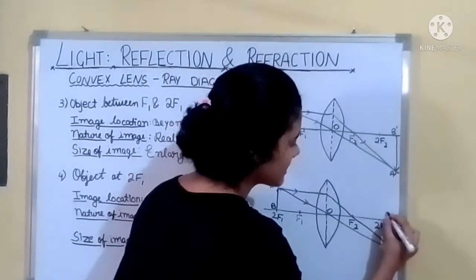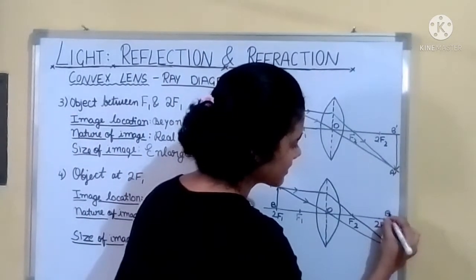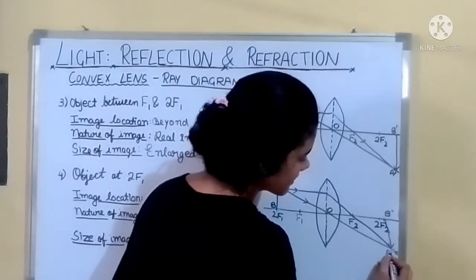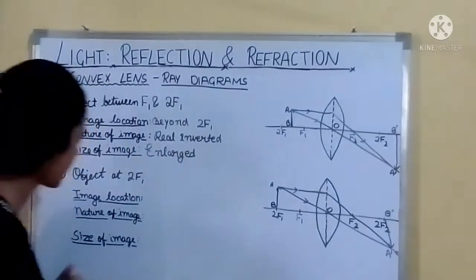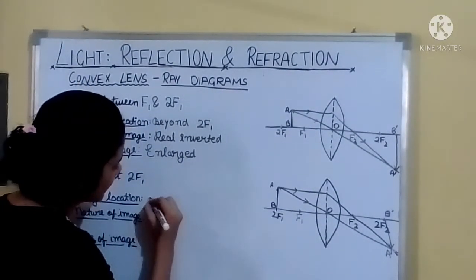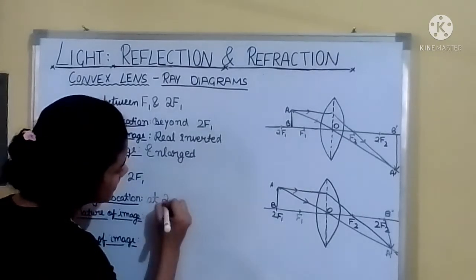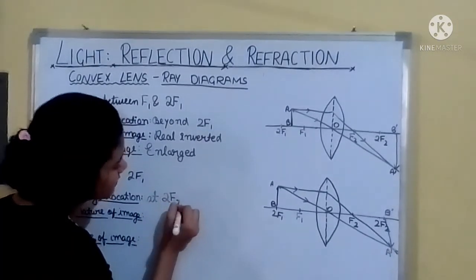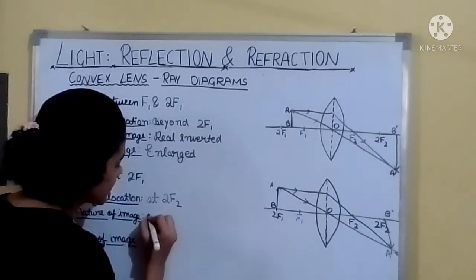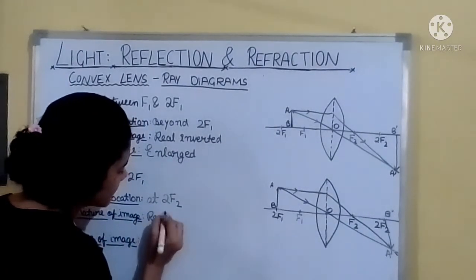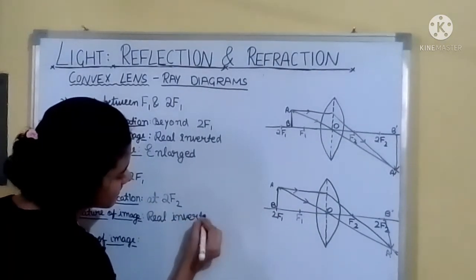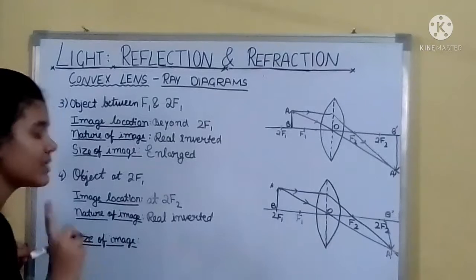We can name it B dash and A dash. The image location is at 2F2. The nature of the image is real and inverted.